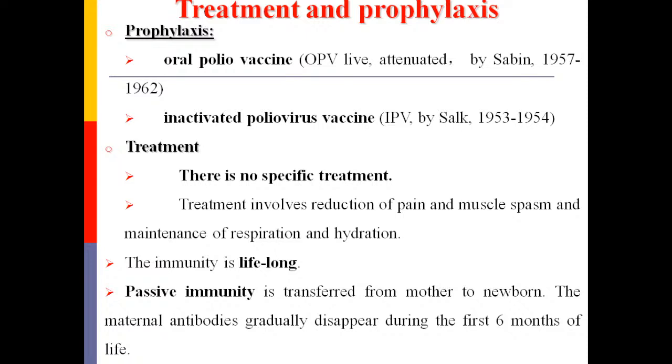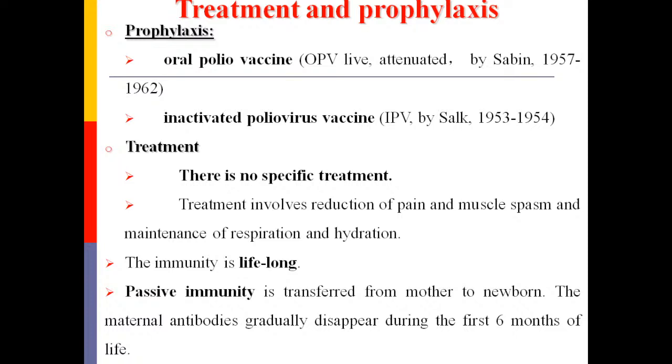Actually, creation of vaccine was a great step in medicine, because a lot of children, you don't imagine, a lot of children were or became disabled persons. Polio is a disease of developing countries.